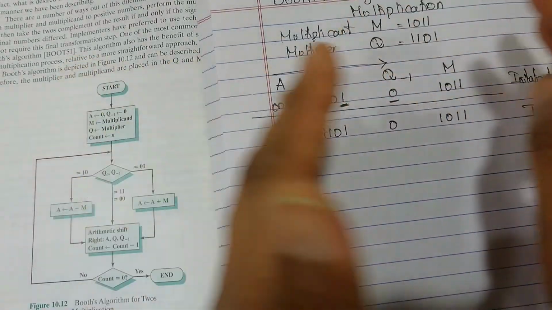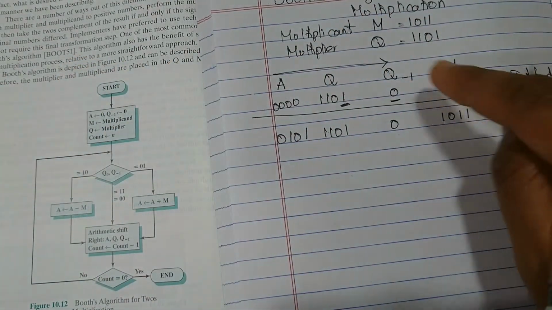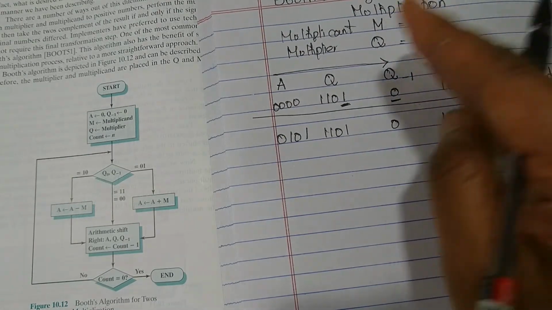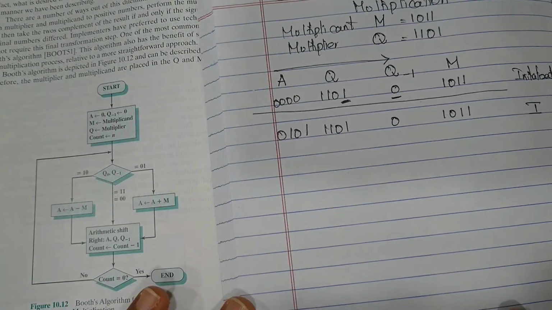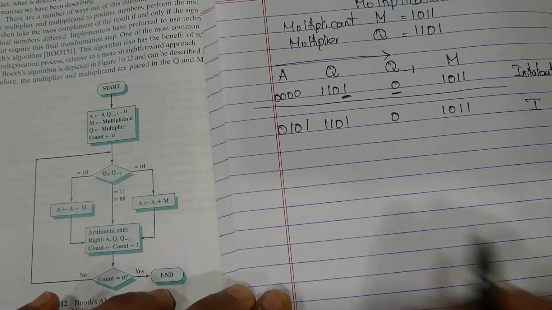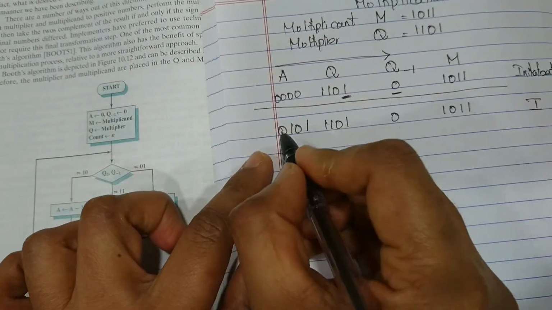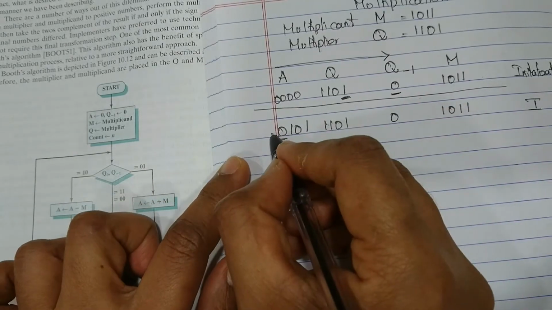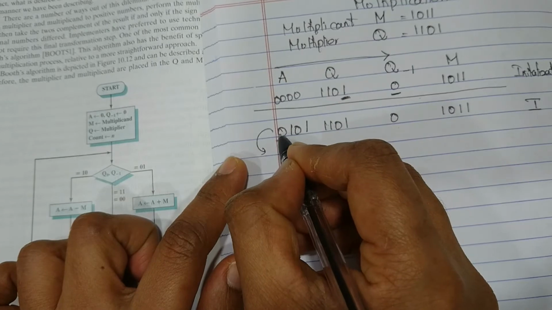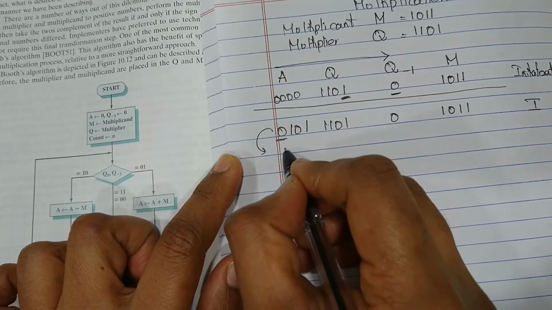So you will be shifting A, Q and then Q minus 1 to the right side. When you shift to the right side, you will lose the last bit. But here I am following arithmetic shift. What is the arithmetic shift? You move to the right side, but you keep the most significant bit and shift. Let me explain. The most significant bit is 0.